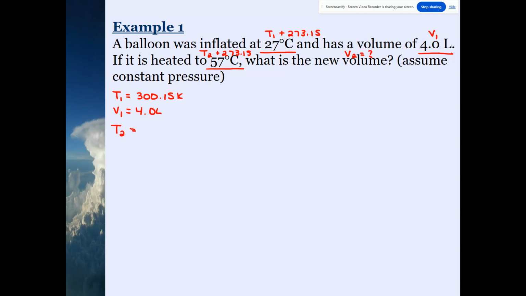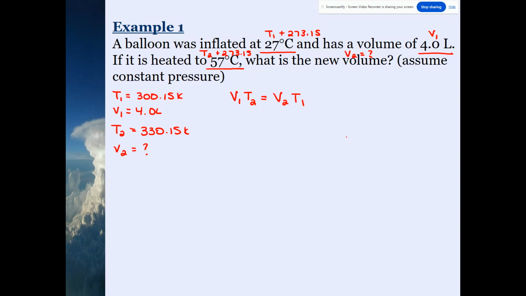T2 is 57 plus 273.15, which is 330.15 Kelvin. And V2 is what I want to solve for. So we have our formula again, V₁T₂ equals V₂T₁.